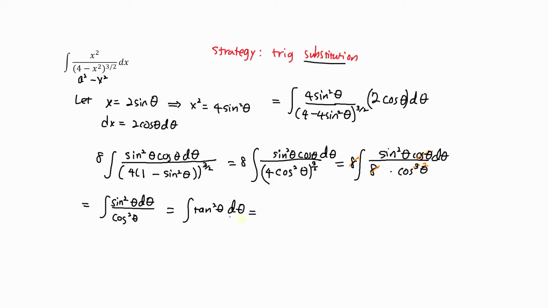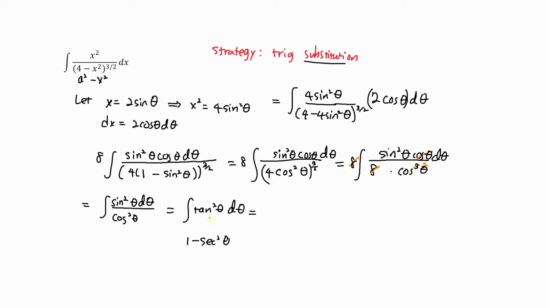And you might be at a loss what to do here. Well, the tangent squared theta has a 1 minus secant squared theta. In case you forgot it, simply use the trig identity, cosine squared theta plus sine squared theta equals 1, and just divide both sides by cosine squared theta, and you will notice that 1 minus secant squared theta can be achieved.